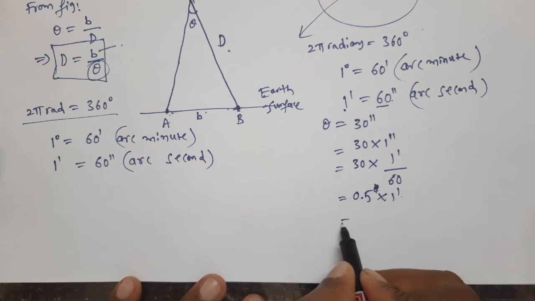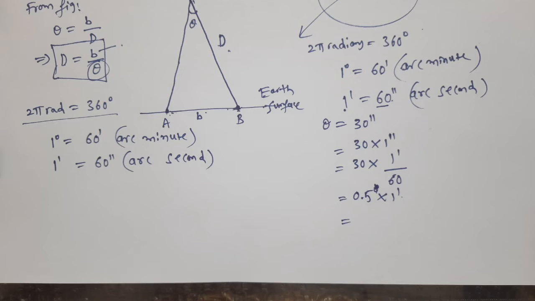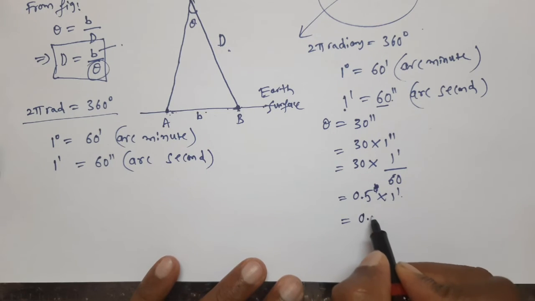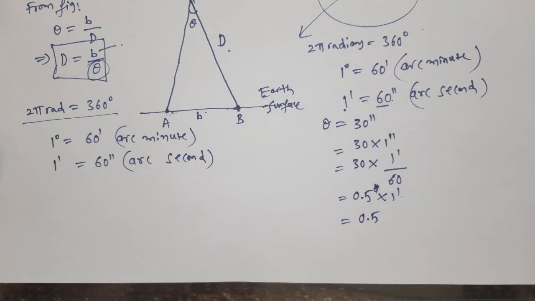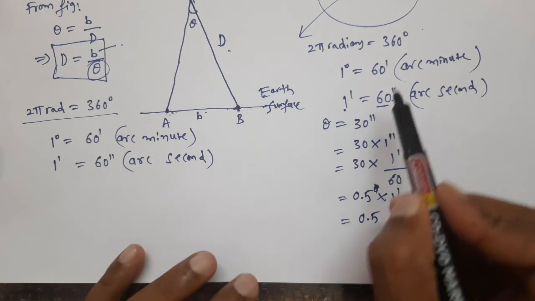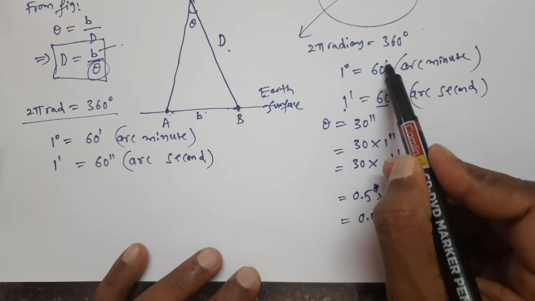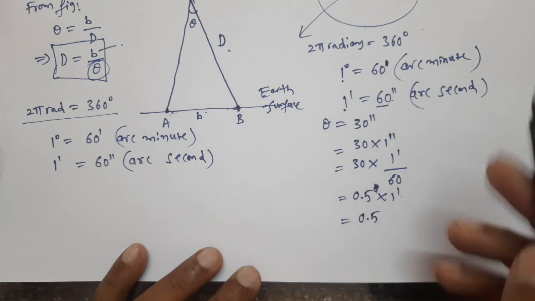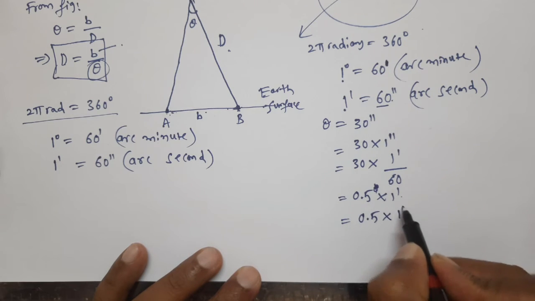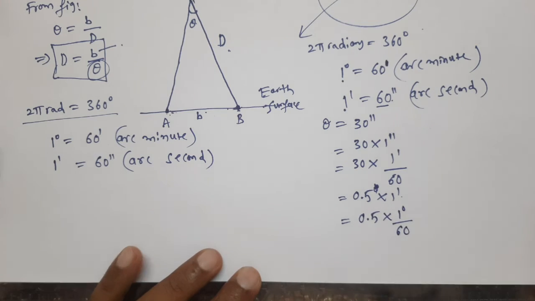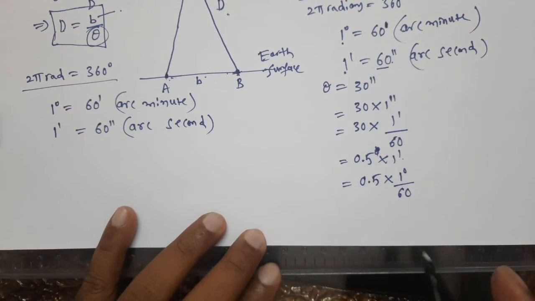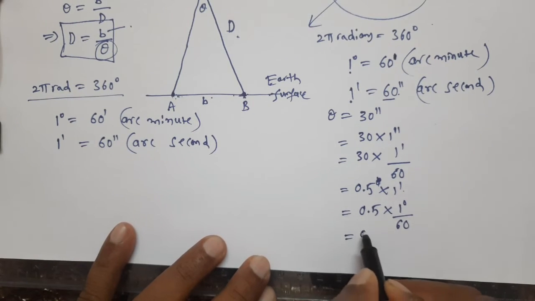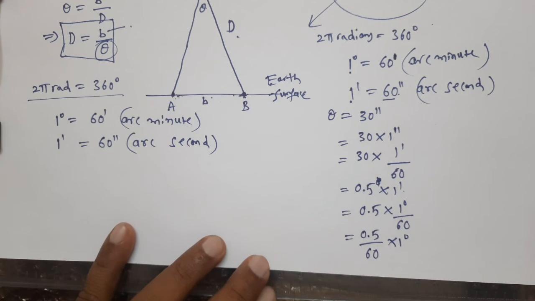Now convert this 1 arc minute into degrees. How? 1 degree is 60 arc minutes, so bring this 60 here. What do we get, guys? 1 degree by 60. So this value is 0.5 by 60 into 1 degree.